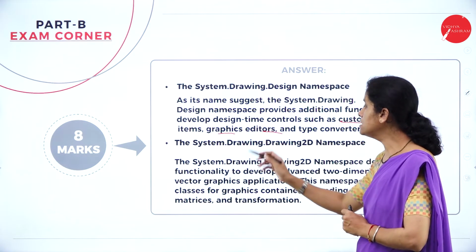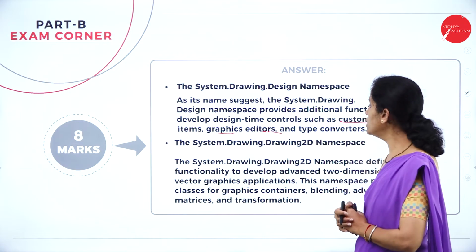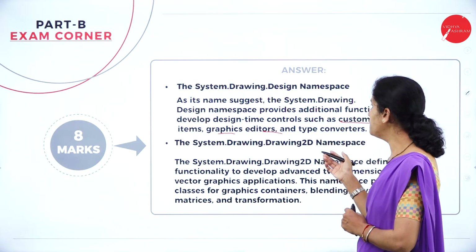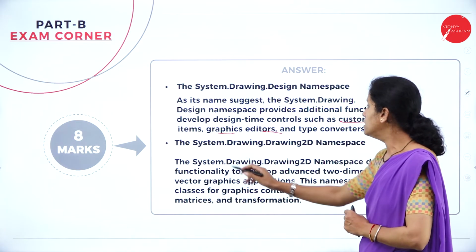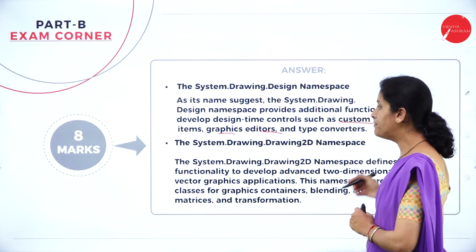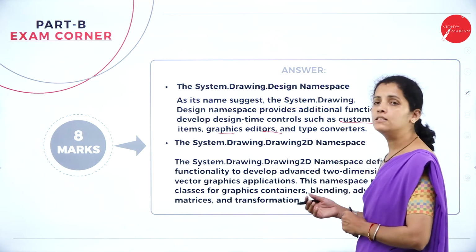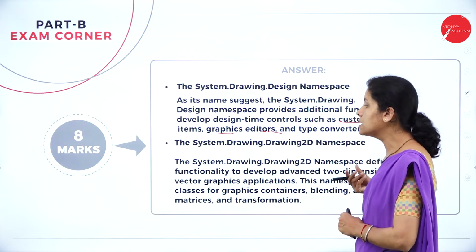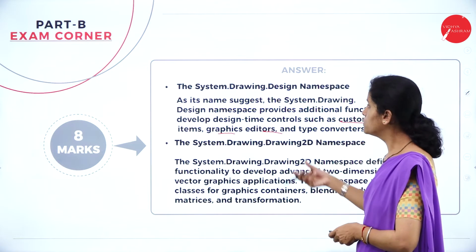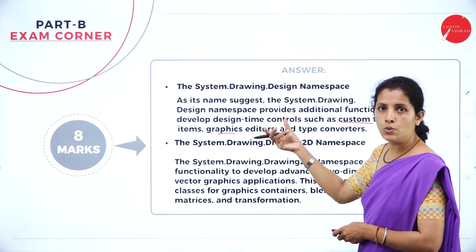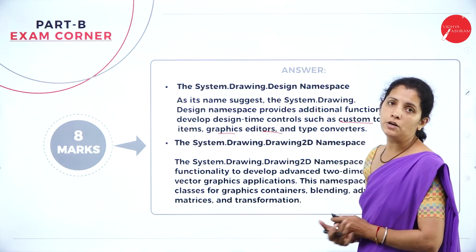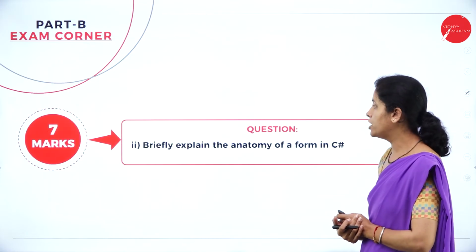If I consider System.Drawing.Drawing2D, then this namespace defines functionality to develop advanced 2-dimensional graphics. Okay, so these are the certain GUI namespaces provided by the .NET programming language.